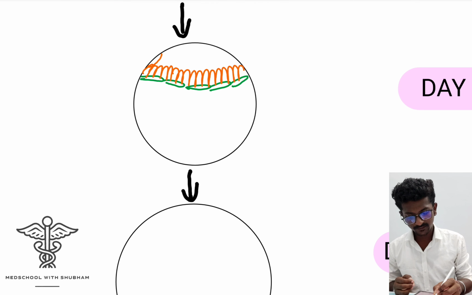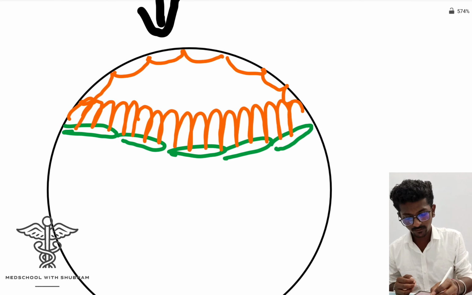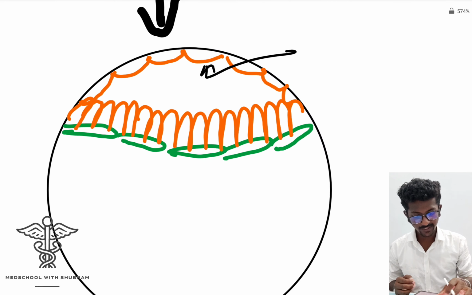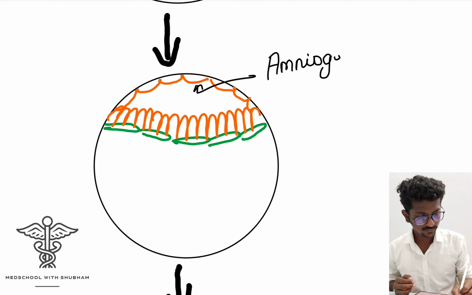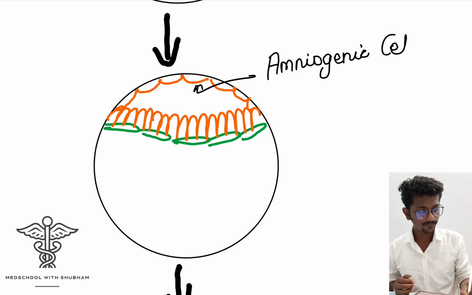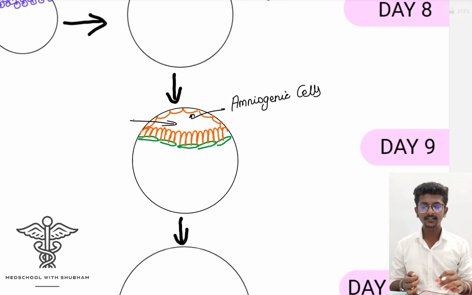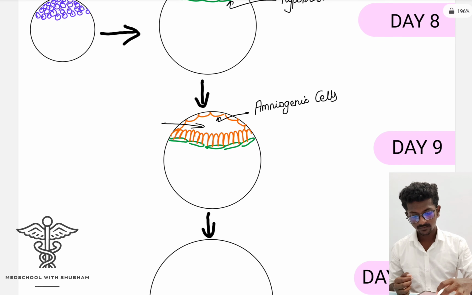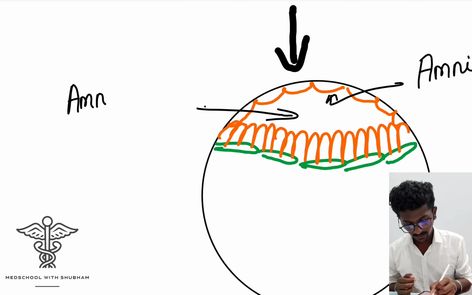Now this epiblast will start proliferating, and it will form cells which will line the upper cavity. These cells are called the amniogenic cells, and this cavity which the amniogenic cells are lining is called the amniotic cavity.